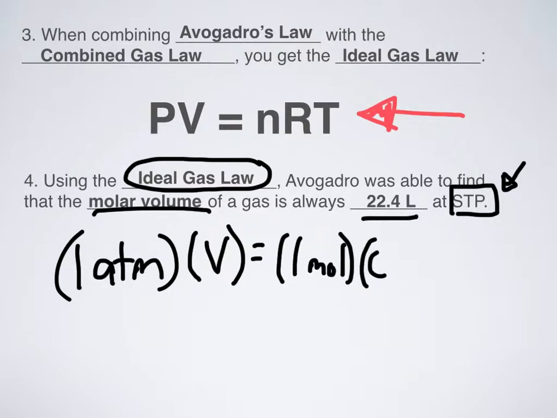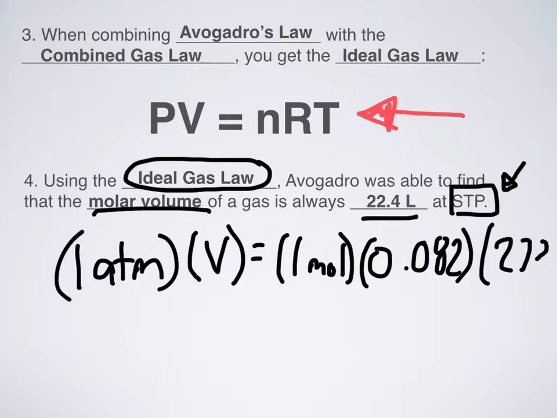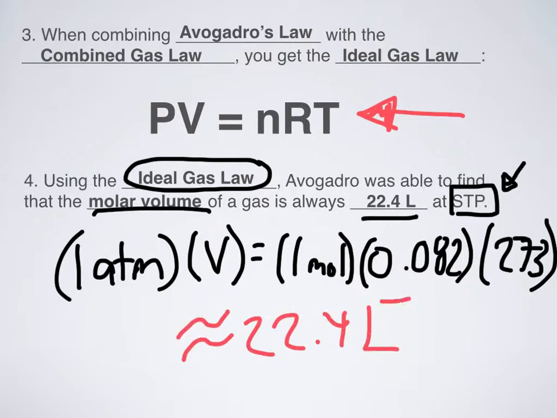And then R is 0.082. I'm not going to include the units merely because I can't really write all of those down and fit it in here. And then T is going to be standard temperature, so that's 273. So solve for V, and what do you get? You get about 22.4 liters.